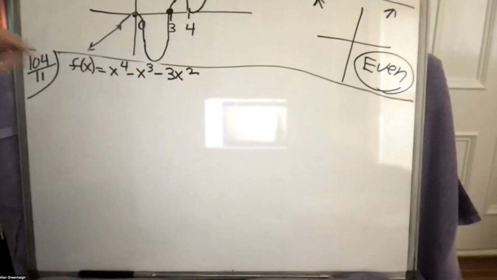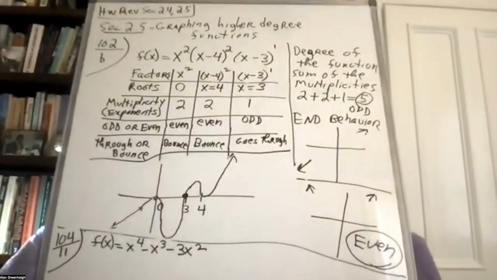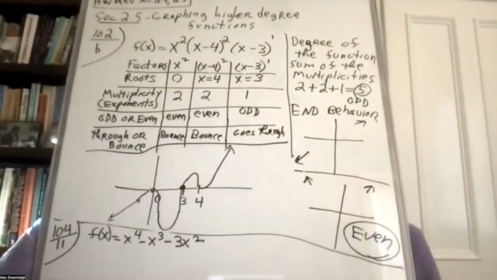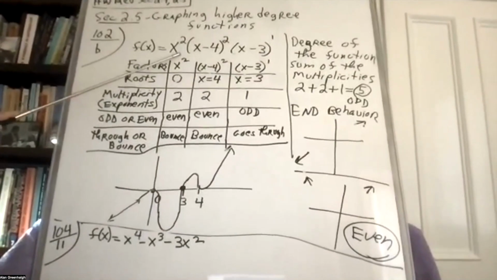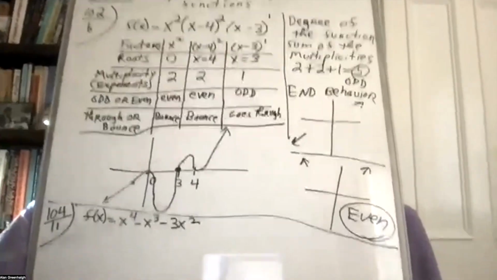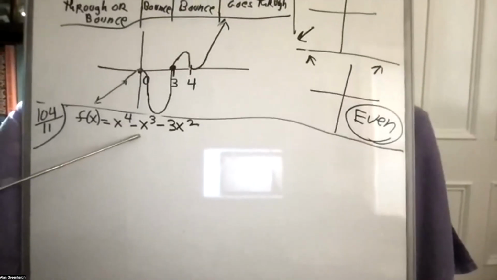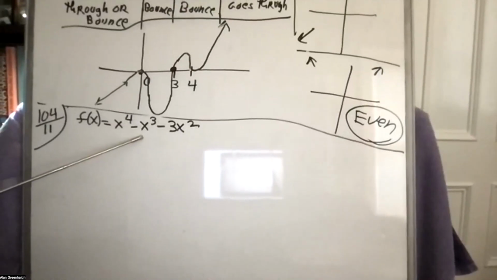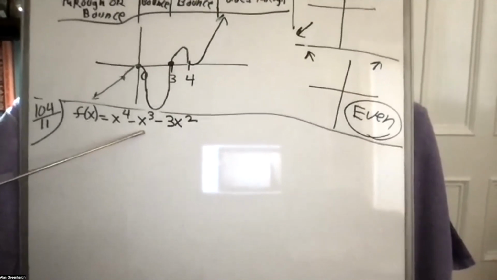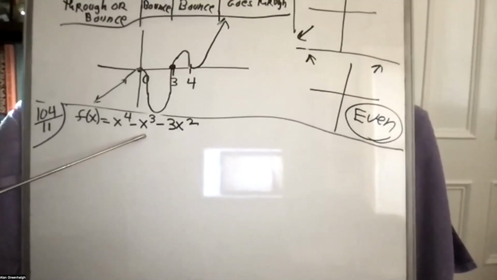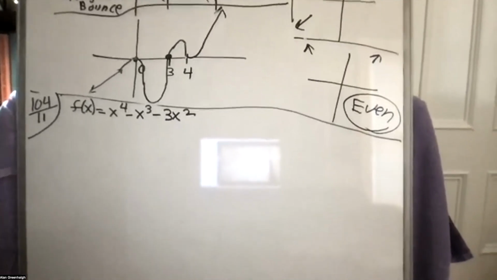So this is going to be done the same way we did the problem up here, but the difference is this one has been factored already for us. This one, we have to do the factoring ourselves.